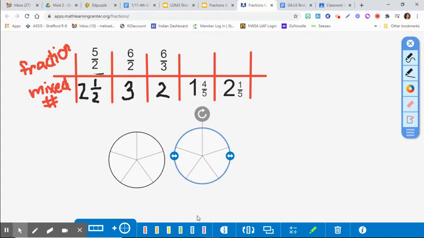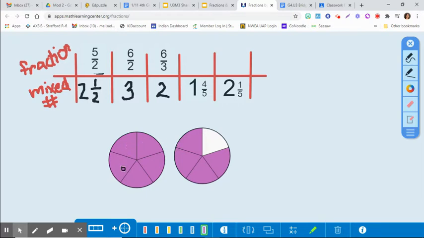So it says 1 hole. So let's fill in our 1 hole. And then 4 more fifths. 1, 2, 3, 4. Now to figure out our improper fraction, we're looking at how many fifths do we have.